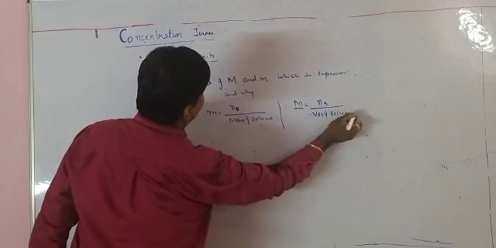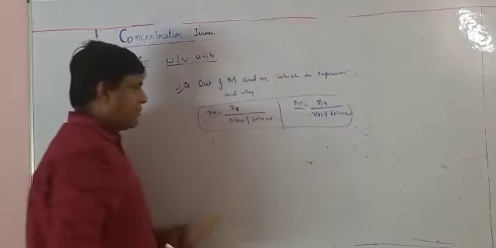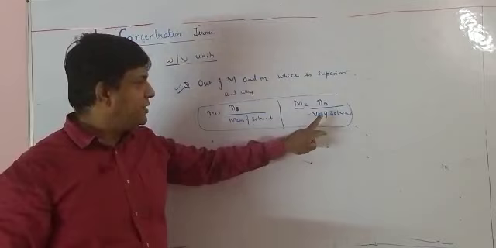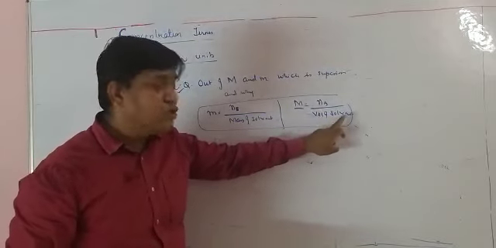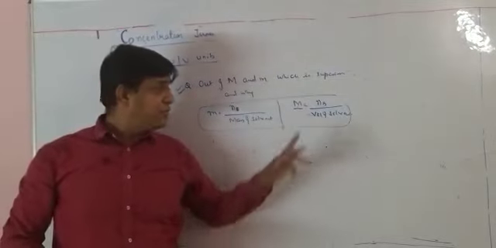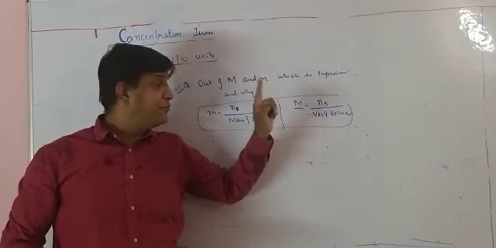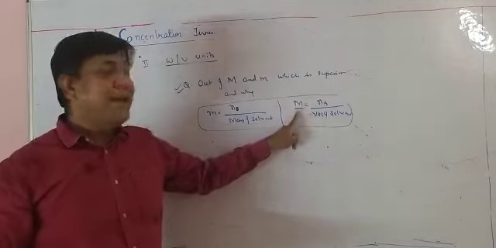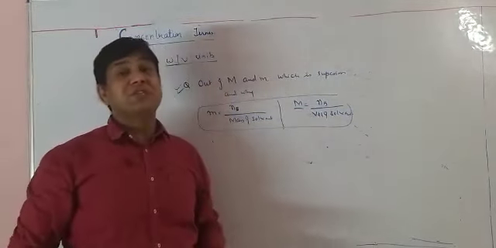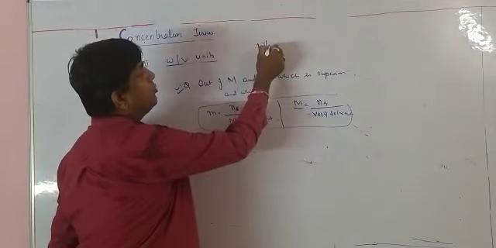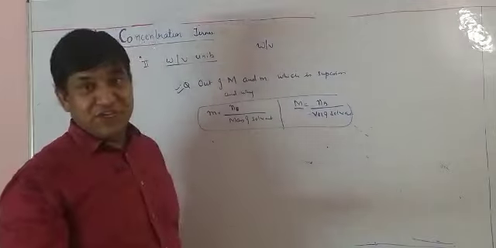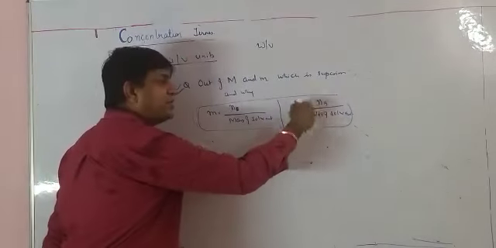Now see, the formula is the same in the numerator, number of moles. What do you say? The answer is here. In this case, the volume of the solution is given, and remember, if we change the temperature, then volume will change, and if the volume is changing, then molarity is changing. That means all those units which come under the category of W by V, that is molarity, normality, strength, are temperature dependent.